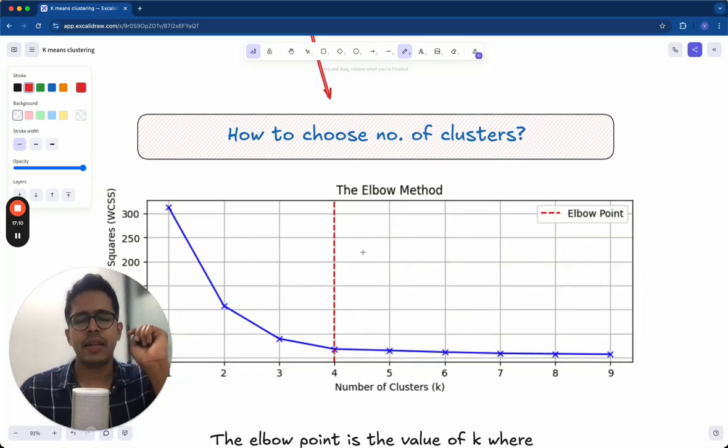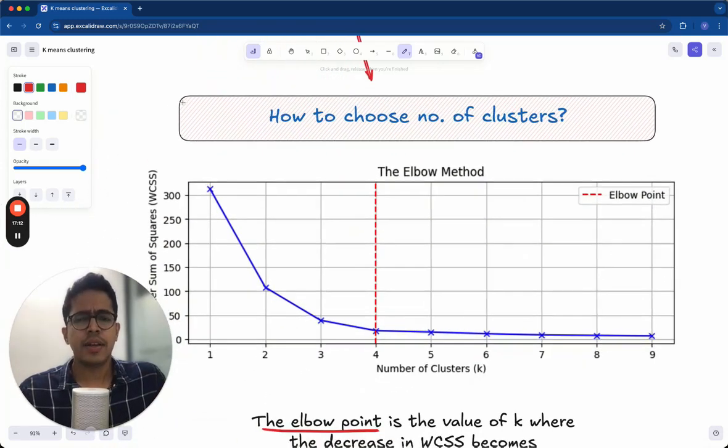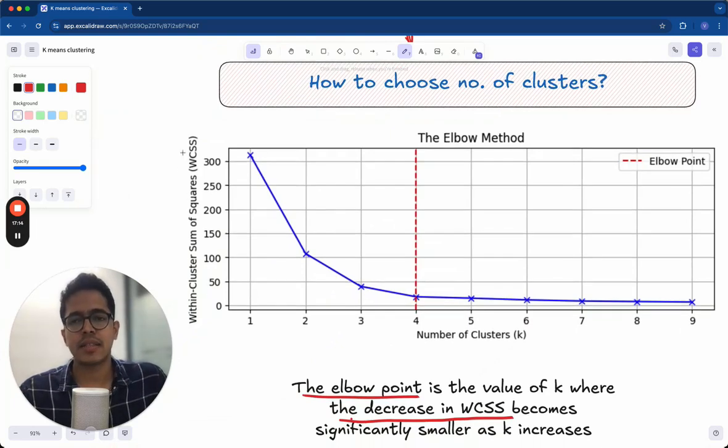The elbow method is nothing but you plot on the y-axis the within cluster sum of squares, and on the x-axis you plot the number of clusters. Now, within cluster sum of squares obviously depends on the number of iterations, for a given value of k.